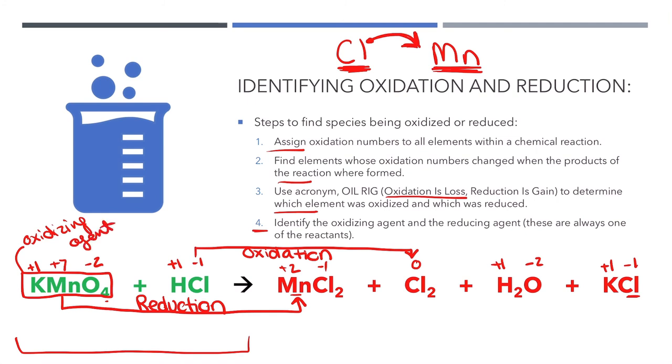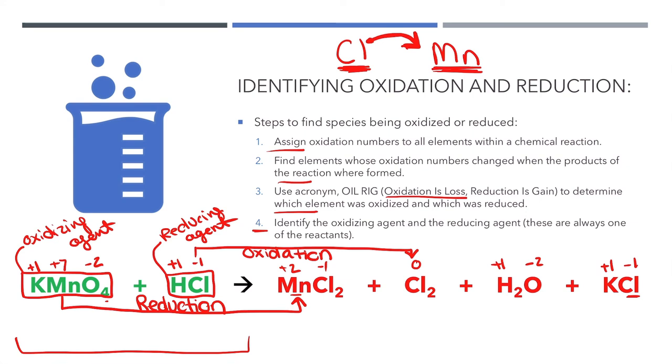All right. And then chlorine is causing the reduction of manganese when it gives its electron away to manganese. All right. And so this compound right here is going to be our reducing agent because it causes the reduction of manganese. All right, so the agent causes something to happen.